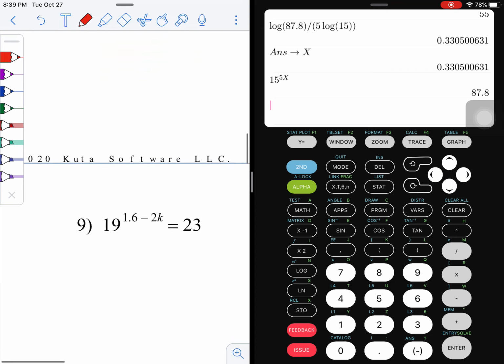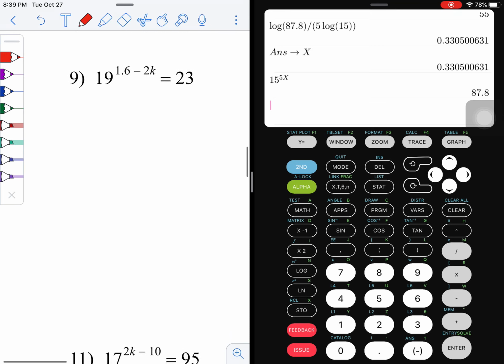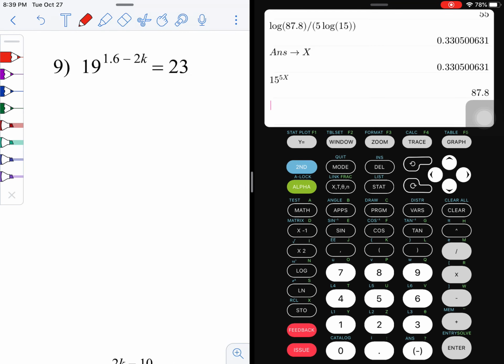All right, so that's the first page. I'm going to keep going right into page number 2 here. See if these become any more complicated, any more difficult, figure out what's going on with these problems. Okay, log of both sides. So I'm going to have the log of 19. This whole power is going to come in front. So 1.6 minus 2k.